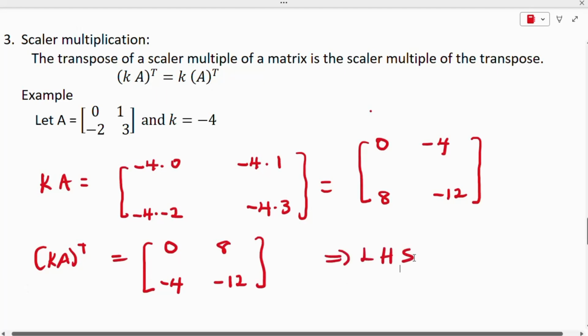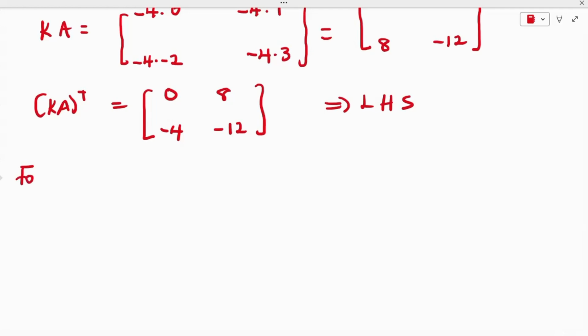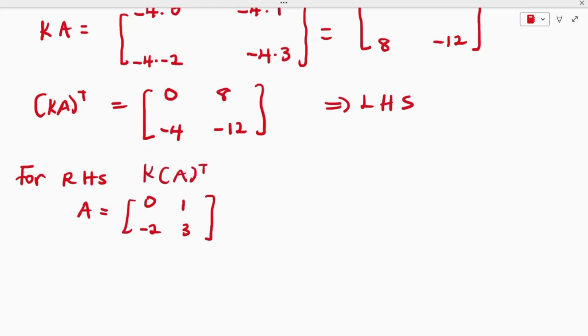So let's solve for the right hand side. To verify the right hand side, we have A equal to the matrix 0, 1, negative 2, and 3. On the right hand side, we want to simply verify K times A transpose. So we're going to take the transpose of this. Interchanging the rows, we have 0, 1, negative 2, and 3. So this is the transpose.